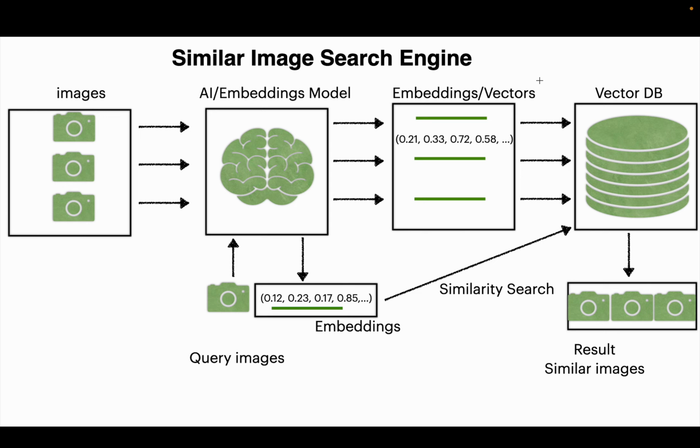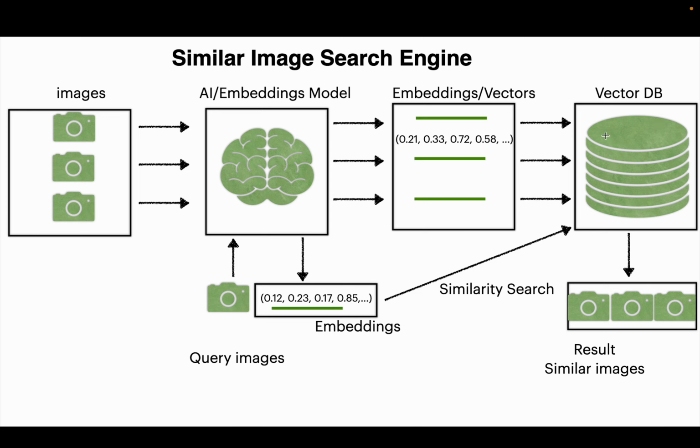Once we build this architecture, we have our query image. We would like to find out, let's say, the top 5 images which look similar to our query image. What we do is we run the query image also through this embedding model, so we get another vector back. And using this vector, we query this vector database to find the top n similar vectors.